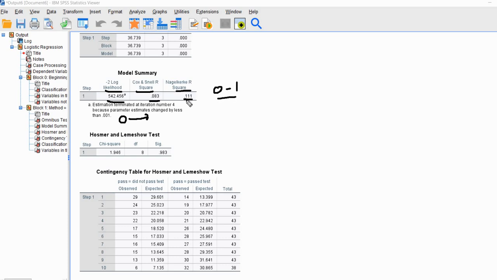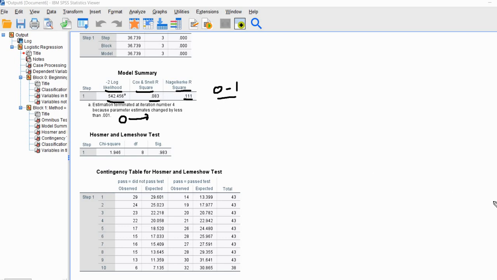But I'll be honest, there's just not a whole lot of guidance that I found out there in terms of how to really make sense of these indices, particularly in terms of judging small, medium, or large pseudo R-square values. So it might be the case that you choose to opt not to report on those measures.